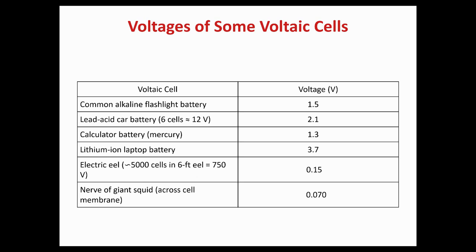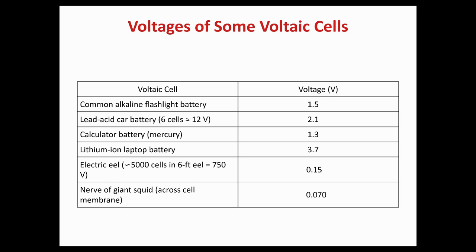Here's some common voltages from regular things in life. So a common alkaline flashlight battery is 1.5 volts. A lead car battery is 2.1 volts. If you're wondering, that seems small, but in a lead acid car battery, it's actually 6 cells. A calculator battery, 1.3, lithium ion, 3.7.